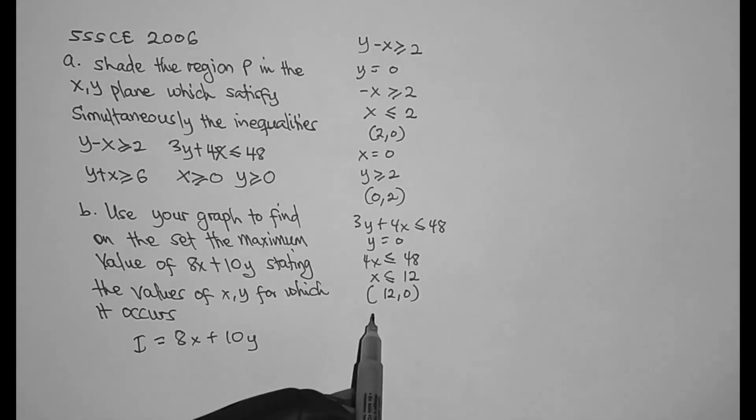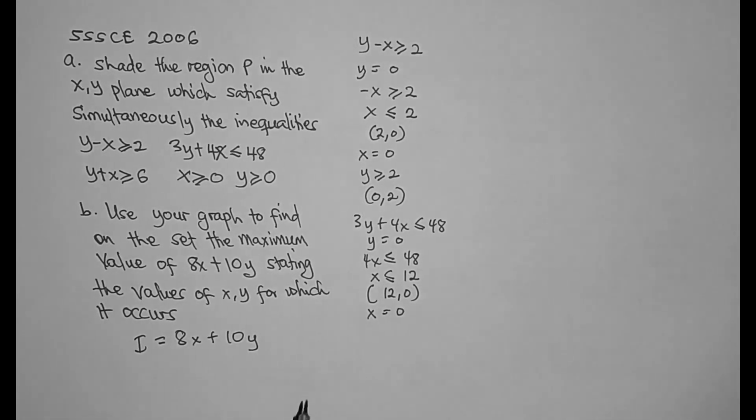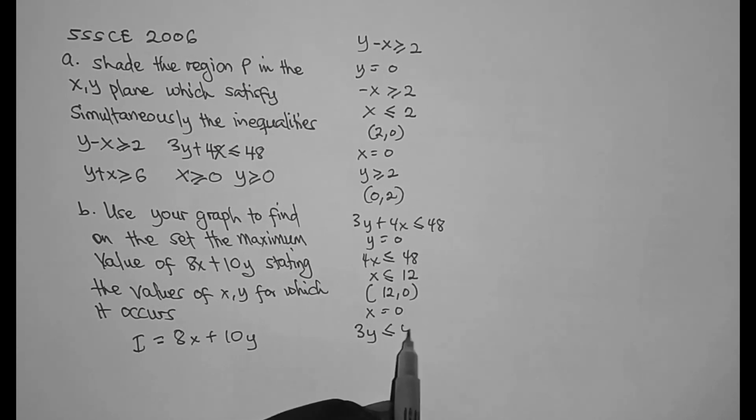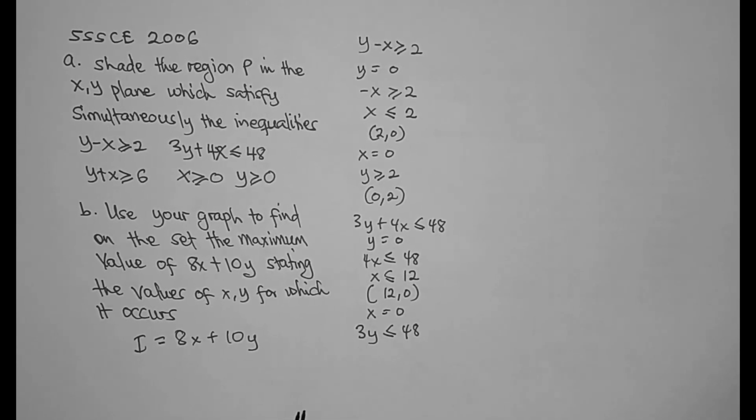Then now let's set x equals 0. We will get 3y is less than or equal to 48. And dividing through by 3, you see that y is less than or equal to 16. So we have the point 0 and then 16.